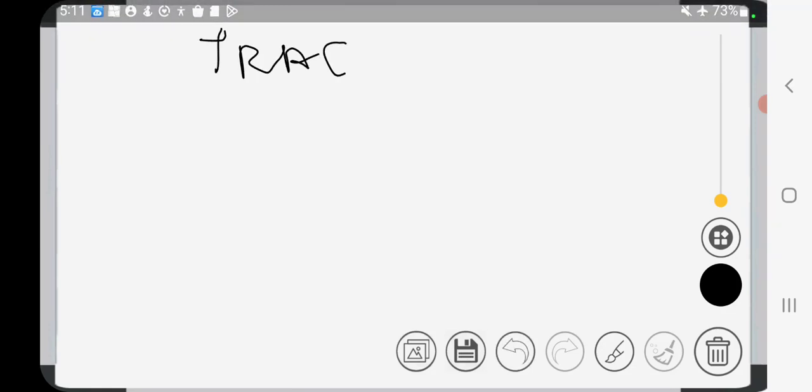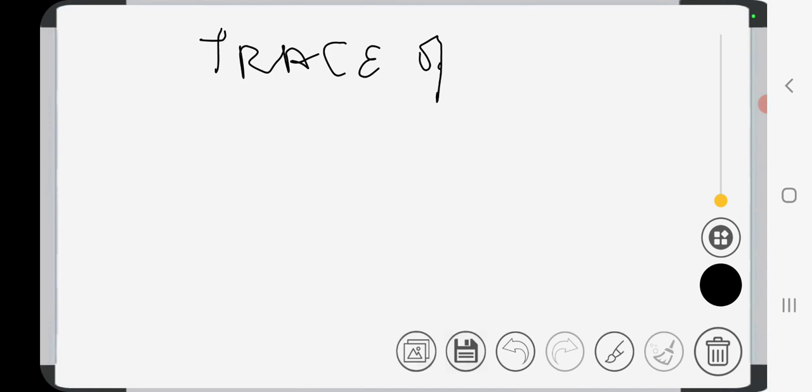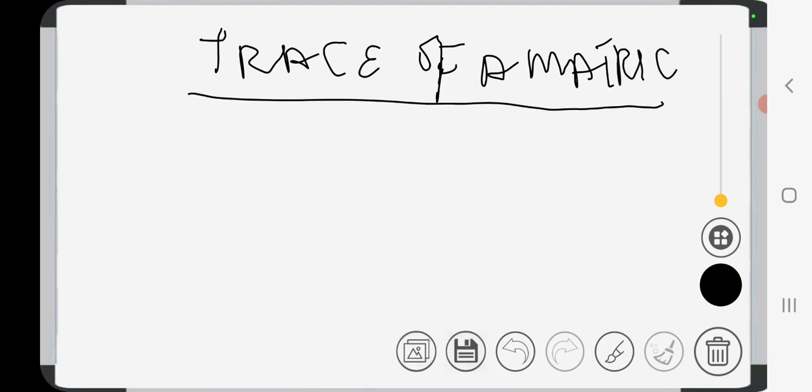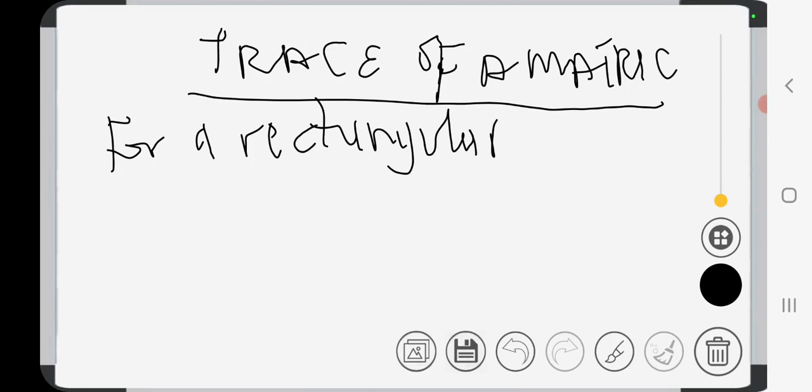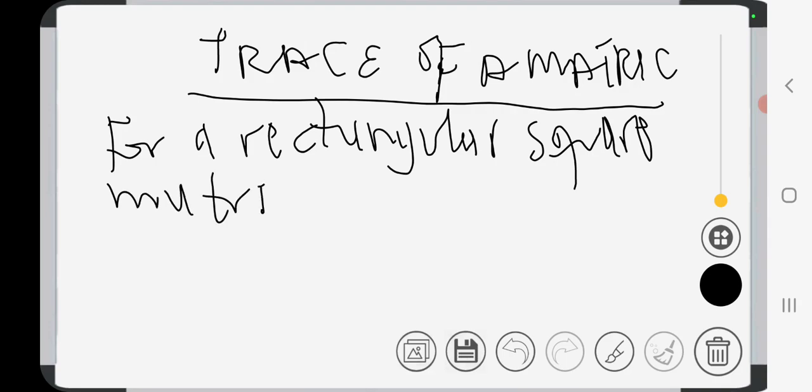The trace of a matrix. The trace of a matrix. For a square matrix A, let's say we have this matrix.